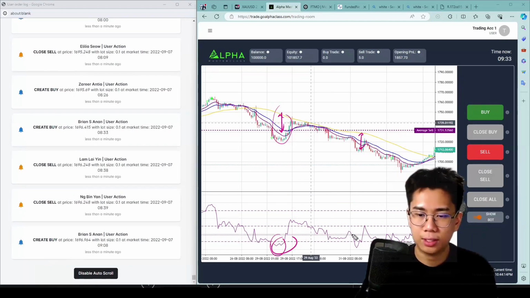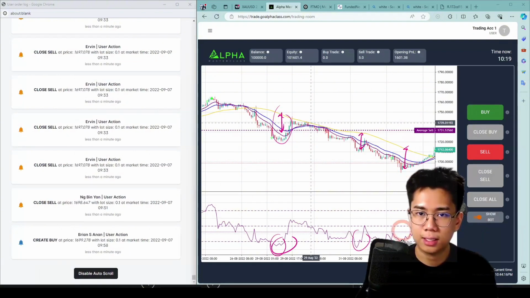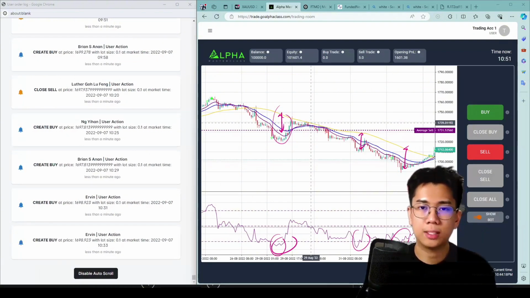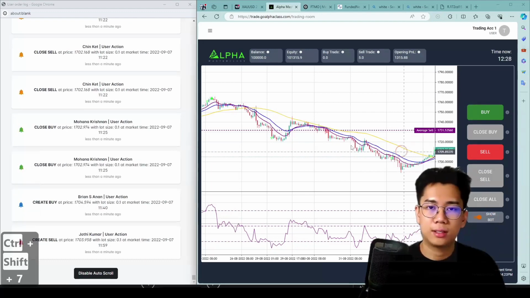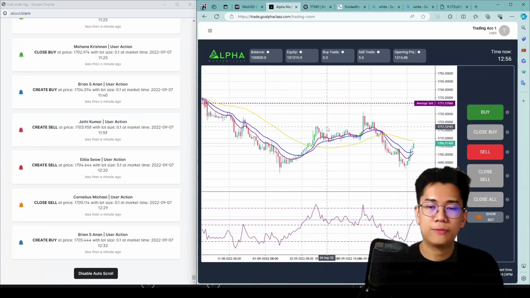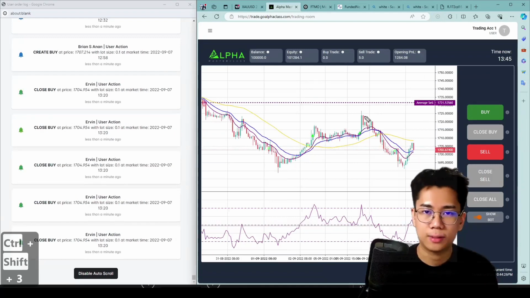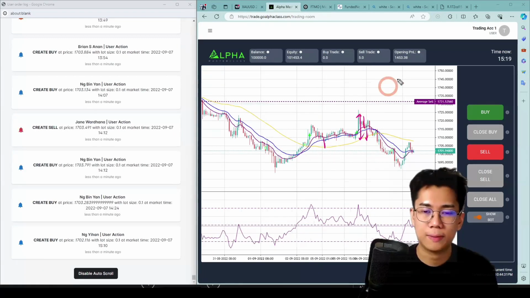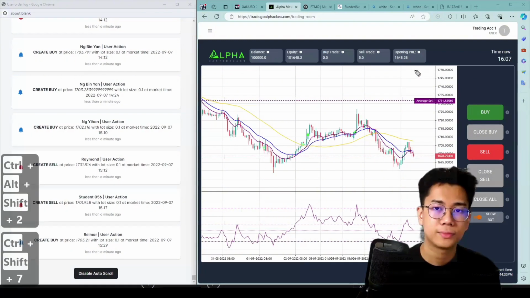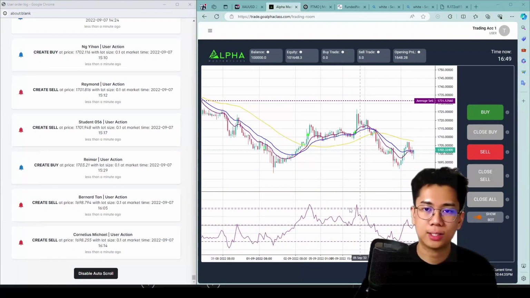This and this is extreme. This and this is in extreme. So in this event, you can play a pullback. If you want to sell, you also can take the extreme here and here, or where the price to the moving average is very big. So when there is an extreme, RSI usually will align.